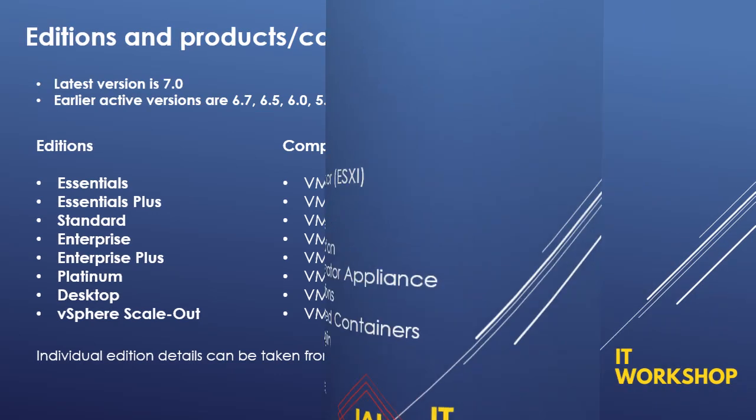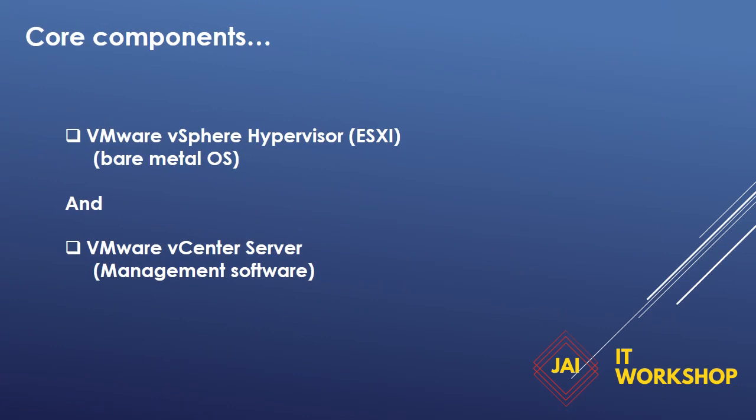So let's move on. Guys, there are so many products. Out of these products there are two major components. One is VMware vSphere Hypervisor, which is called ESXi. Another is vCenter Server. These two products are the base of VMware vSphere. If you want to use any other product, you will need these two products. These are essential products.